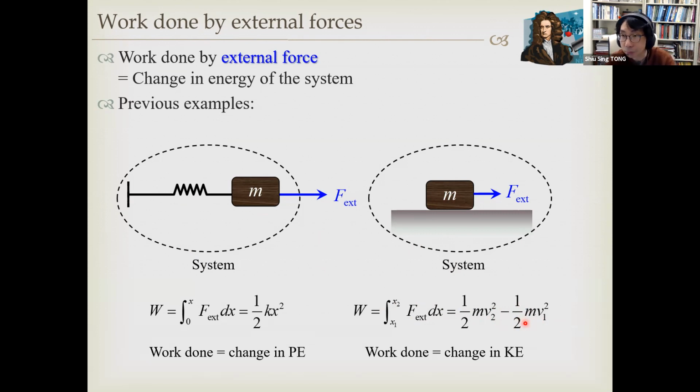It makes the object move faster. Okay. But in any case, as long as you are talking about an external force, it does work on the system. It always changes the energy of the system. If it does positive work, then the system will increase in energy, either in the form of potential energy or in the form of kinetic energy. Okay, this is clear. Now, these 2 equations we already have proof. Okay.